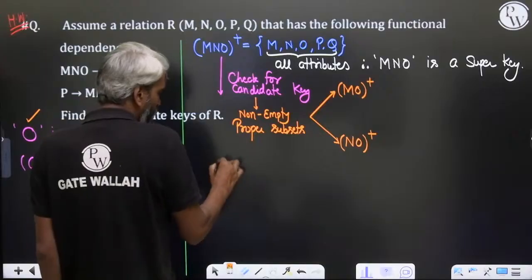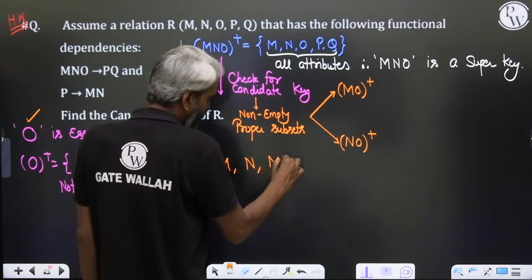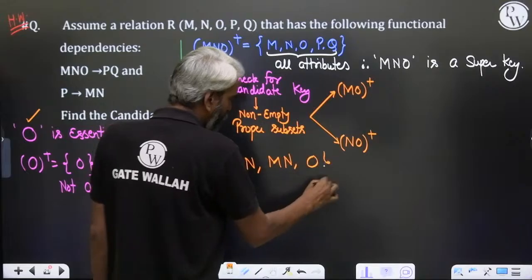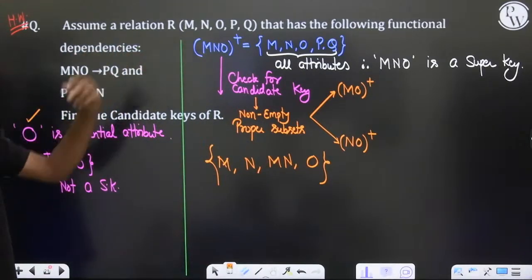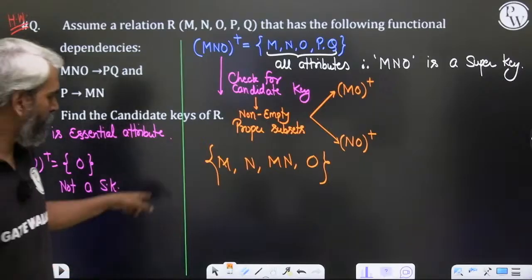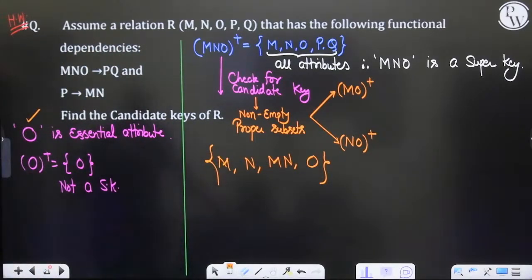So, sir, other proper subsets will be M, not required, N, not required, MN, not required, O alone is not required, because if O alone was the superkey, then you would not even look for this. Yes or no? So these 4 proper subsets, you don't need to check closure with respect to, because 3 of them do not contain O and one is O alone, which we have already checked is not a superkey.